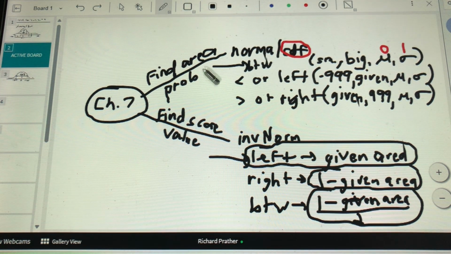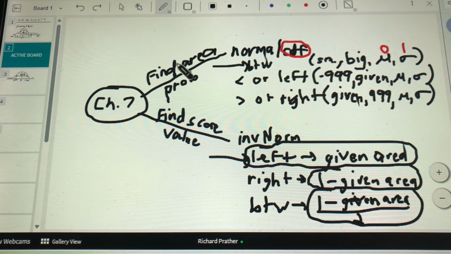That's back to the normal CDF. So it does take some practice to know, when am I doing normal CDF, when am I doing inverse norm? But for the most part, the whole chapter is one or the other. So you've got like a 50-50 chance on any problem. And usually on tests, students either always know which one of the two it is, or they get it wrong every time, unfortunately.